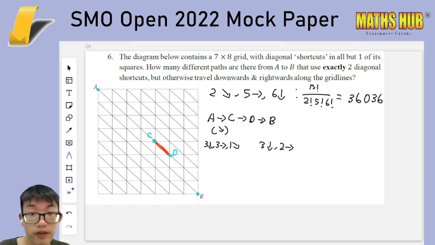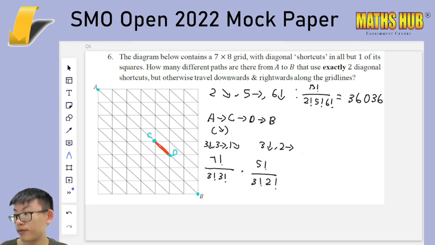So here we can count it, 7 factorial over 3 factorial, 3 factorial, multiplied by the one at the end, which is 5 factorial over 3 factorial, 2 factorial. If we compute this, this gives you 1400 paths.